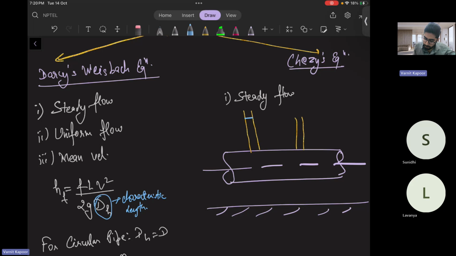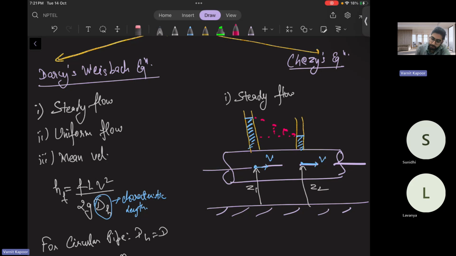So there is a flow rate happening at this position as well as this position. Velocities are same. This is at Z1. This is at Z2. But some loss has occurred in the meanwhile. That is, pressure head has been lost from this level to this level. So let us suppose that the inclination angle is I between them.